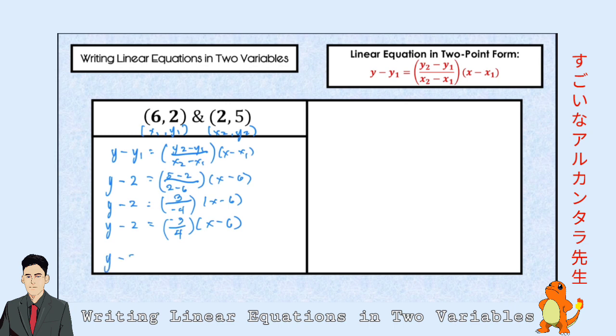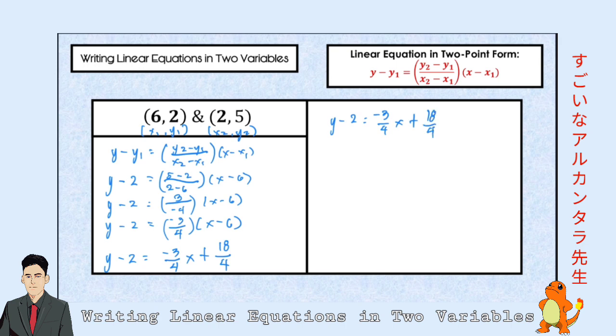Distribute the -3 over 4, and you're going to have y minus 2 is equal to -3 over 4 x. Negative times negative is positive, so plus 18 over 4. You can simplify this later, but it will be much easier if we do the same technique that we did: apply the multiplication property of equality.